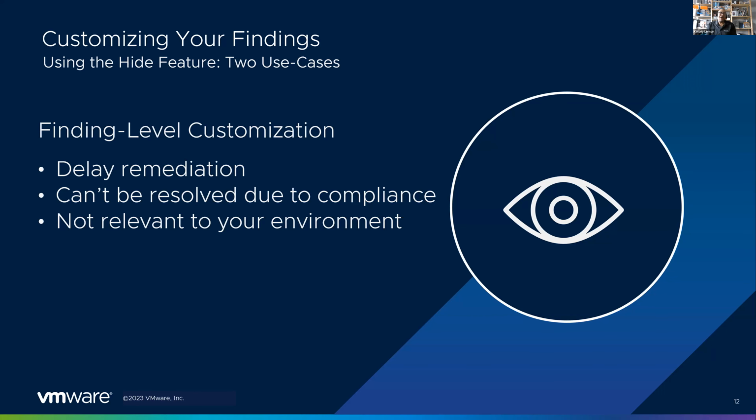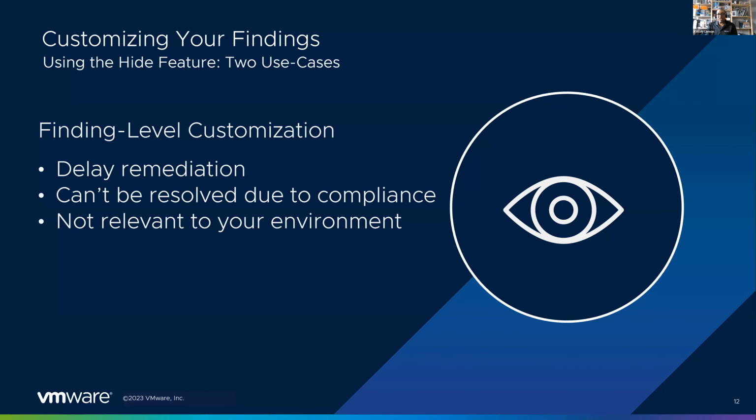That control comes in 2 levels. Perhaps the most common form of hiding is done with what I like to call task-specific findings. The reasons why you may want to hide a finding or recommendation could vary, but our customers have indicated they like to hide specific findings to do a couple of things.